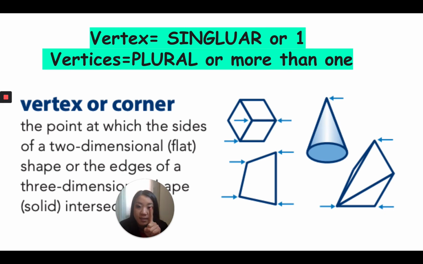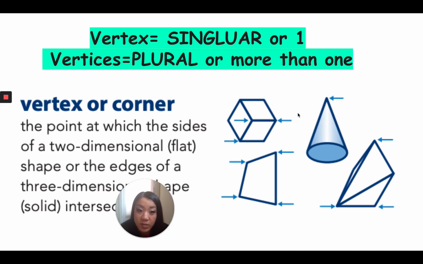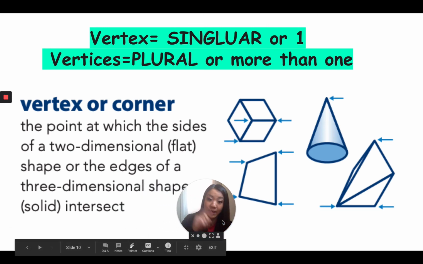Vertices, plural, more than 1. So let's look at the blue cone. How many corners or vertices do you see? I see 1. So we would say that the cone has 1 vertex because there's only 1 in that shape.